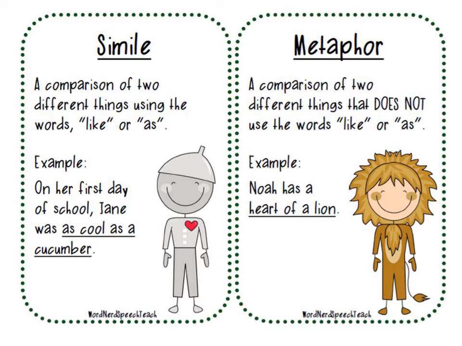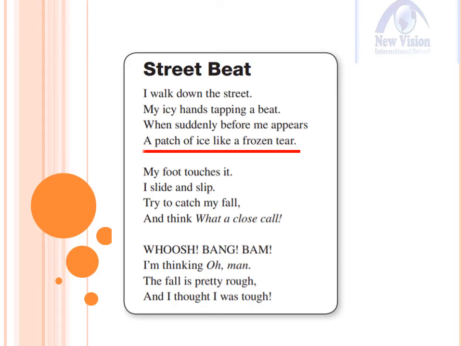Notice that a simile, again, is a comparison of two different things using the words like or as, and a metaphor is a comparison of two different things that does not use the words like or as. In this poem, a patch of ice like a frozen tear is an example of a simile.